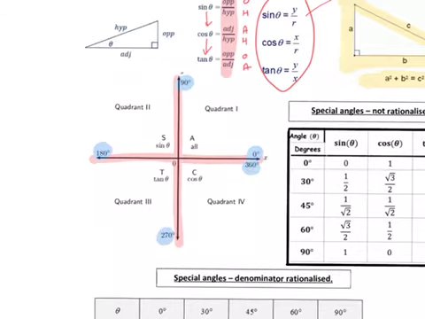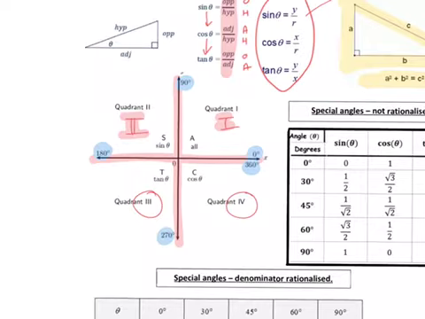There's your angles around a point. All right. So then we talk about quadrant 1, quadrant 2, quadrant 3, quadrant 4. And we're going to come back to using this quadrant quite a bit.